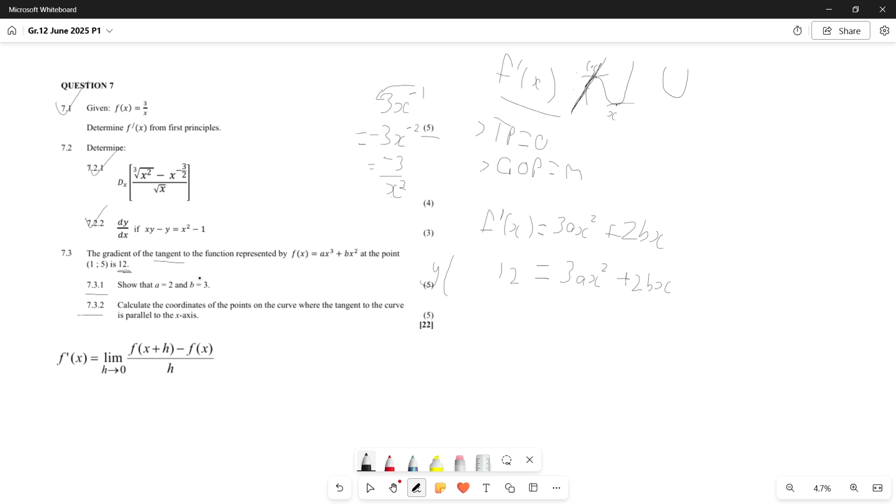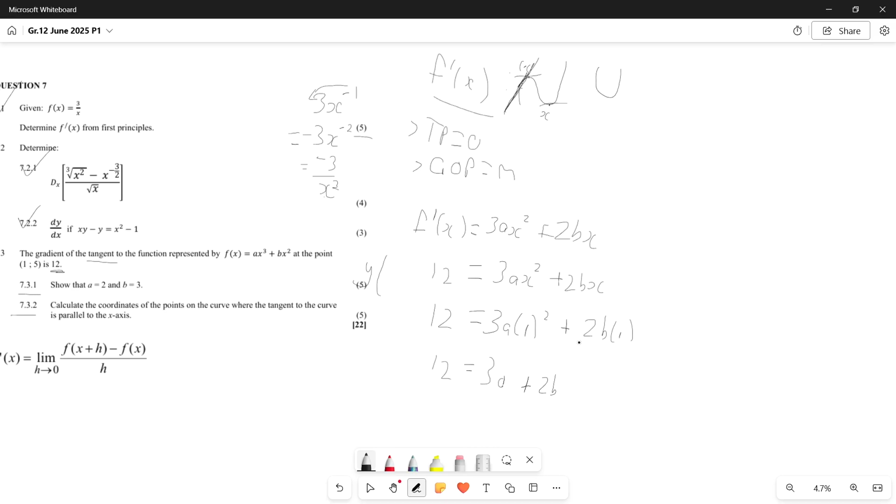But we can substitute the 1 into our x, and then we have the first part of our simultaneous equation. So we have 12 equals 3a(1) squared plus 2b times 1, and then we're just left with 3a plus 2b. And now we have got the first portion of our simultaneous equation, and this exists in our first derivative.